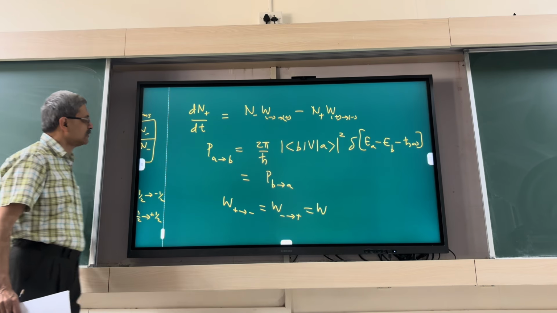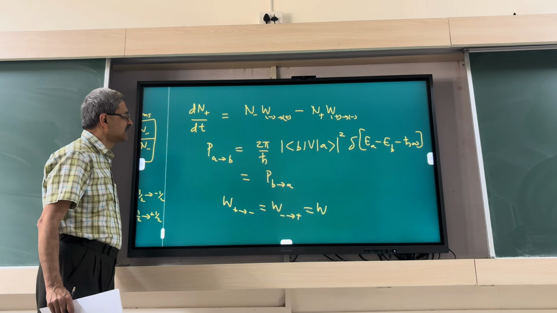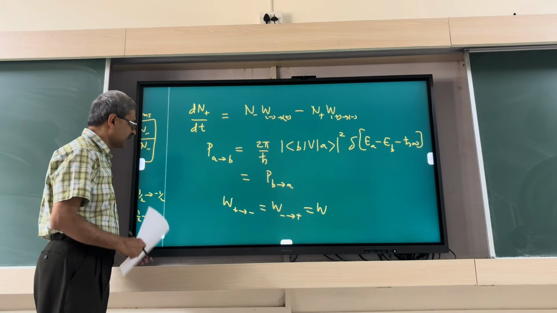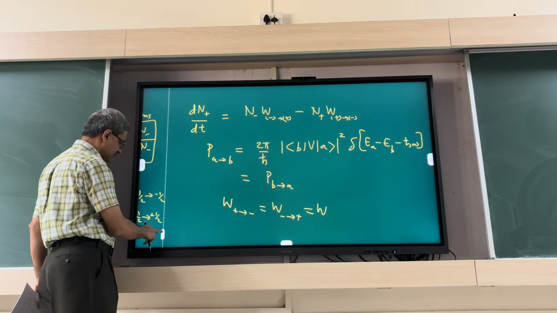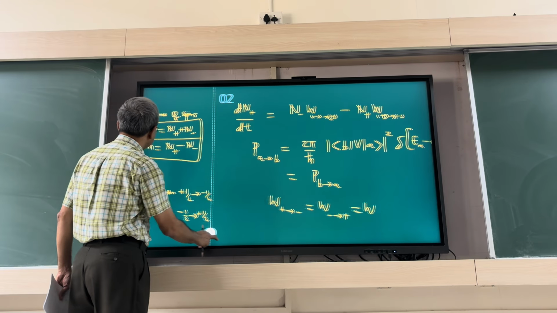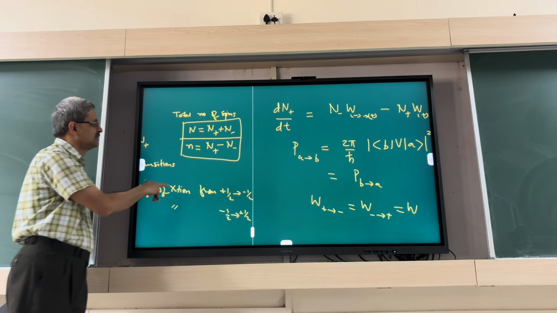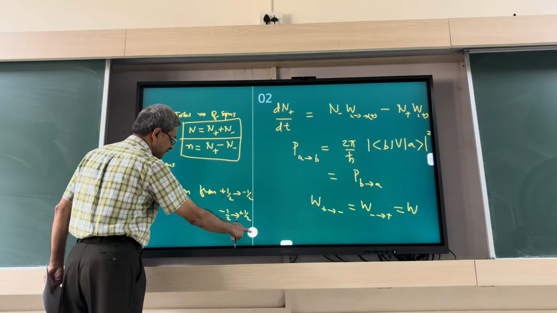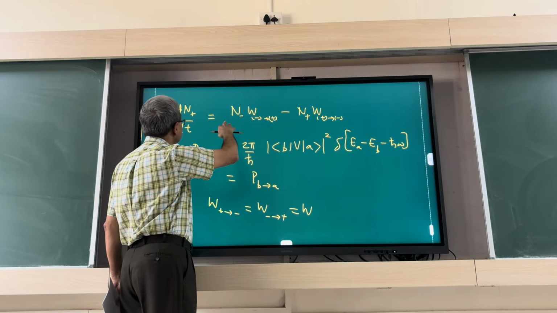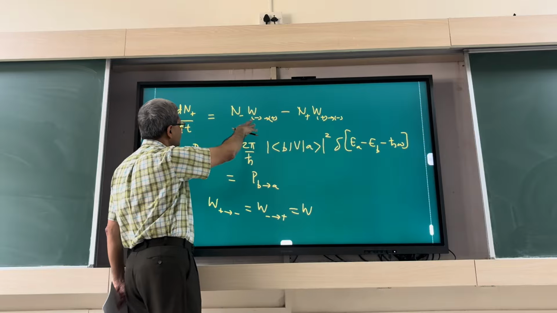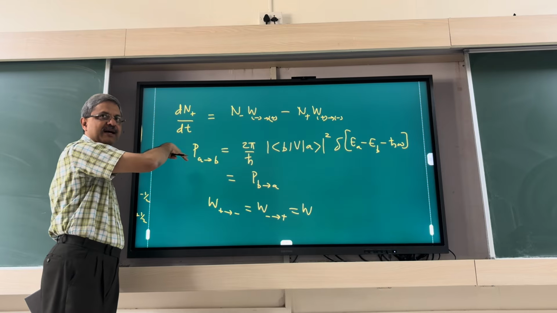What we are interested in is how the population evolves, but it's convenient to see how the population difference evolves with time. So one can rewrite this. You have dn plus by dt, and likewise you can write dn minus by dt.